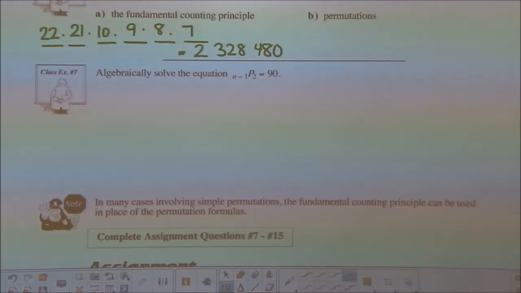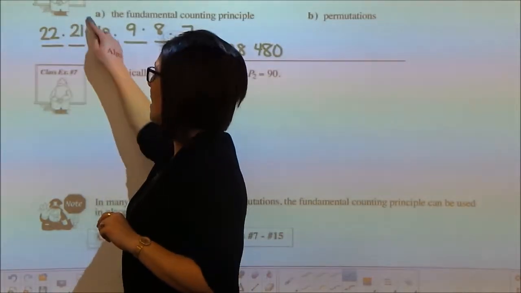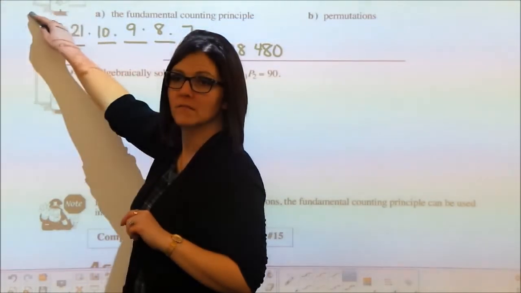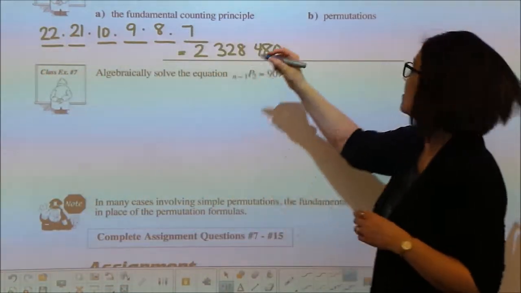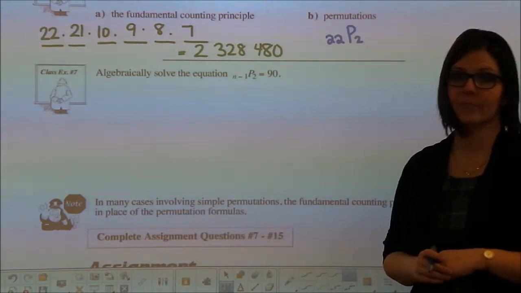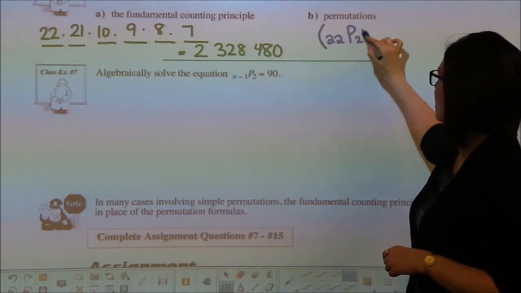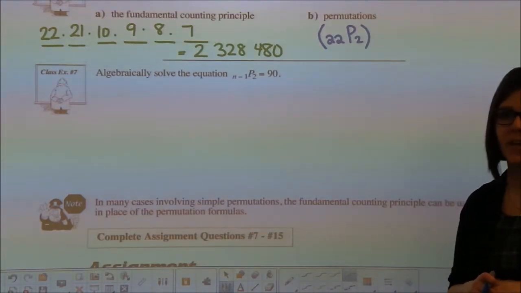Okay. Now if we look at this from a permutation standpoint, I have 22 letters. How many letters am I picking? I'm picking 2 in all. So 22 letters, and I'm picking 2 of them. Then I have 10 digits, and how many am I picking?